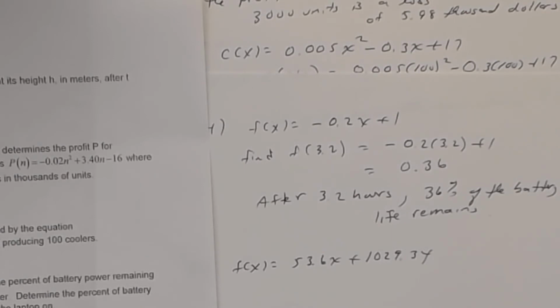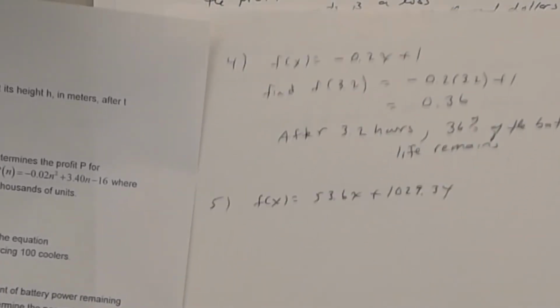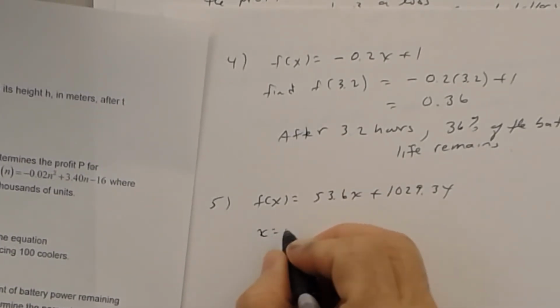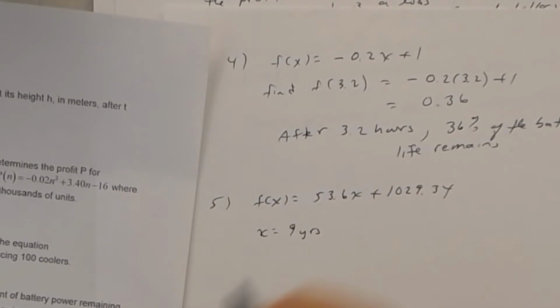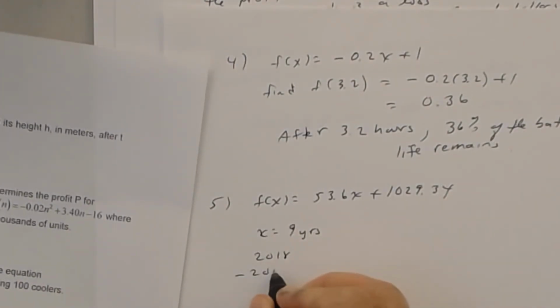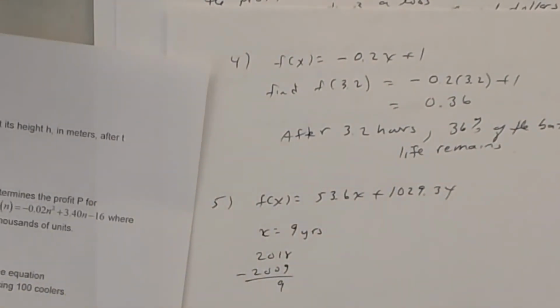So basically, you subtract 2009 from 2018. x in this case would be 9 years, right? Because 2018 is 9 years after 2009. So you just say 2018 minus 2009, and you get 9.